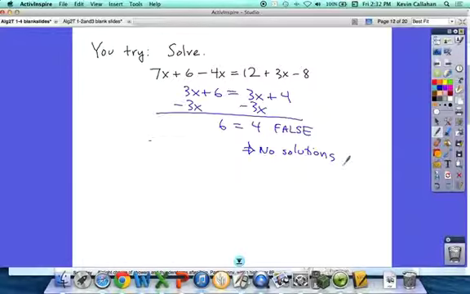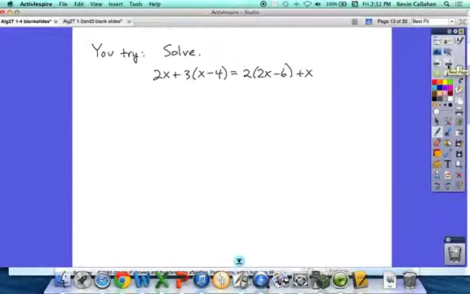Okay. So the counterpart to that would be this. How would I start simplifying that? Distribute. Okay, and then combine like terms on both sides, right?